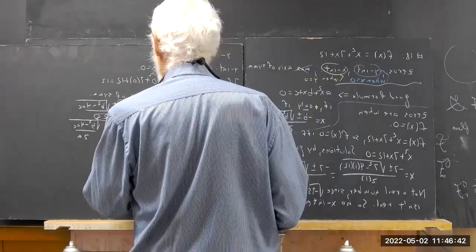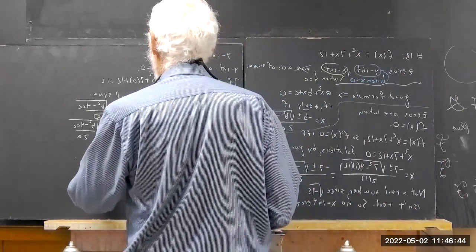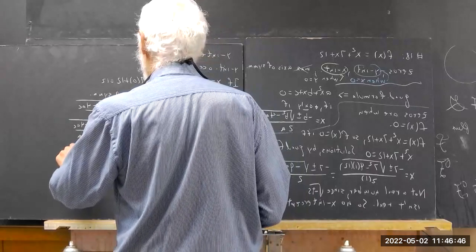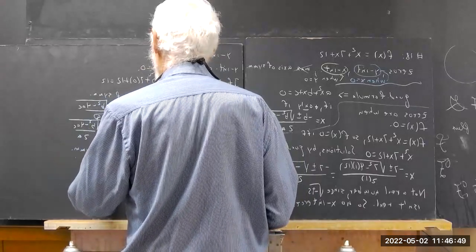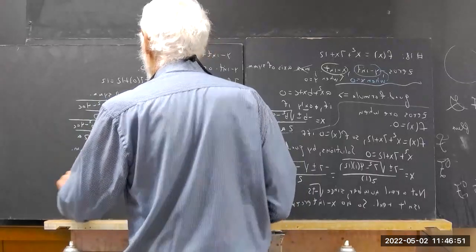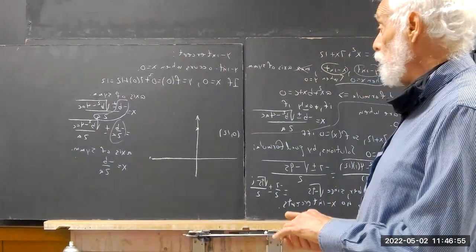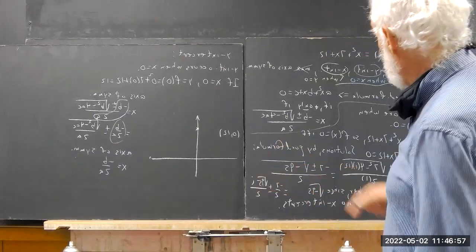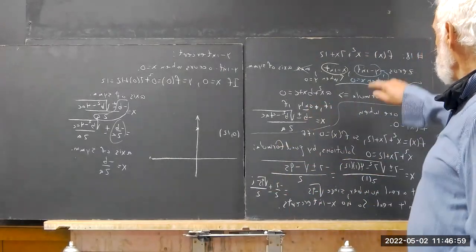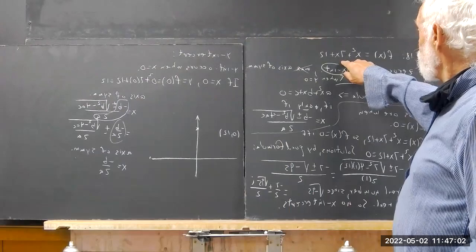Whether you understand the rules or the reasons, the axis of symmetry occurs at x equals negative b over 2a. For this function, b is what's in front of x, that's 7, and a is 1.